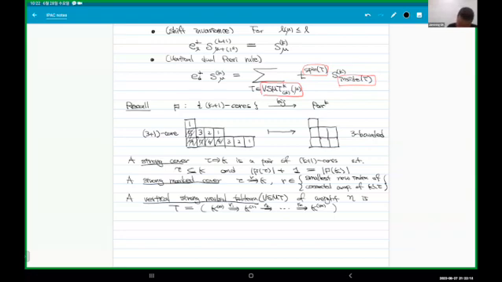And these markings have to satisfy that R1, R2, up to R eta 1 are increasing, R eta 1 plus 1 is smaller than R eta 1 plus 2, through R eta 1 plus eta 2, and so on.